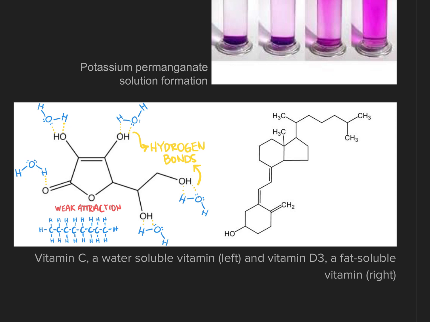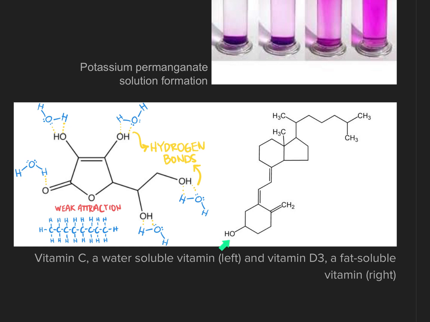Now, conversely, looking over at vitamin D3, which is on the right-hand side here listed as a fat-soluble vitamin, notice that this molecule as well is very similar to octane in that manner, that it's dominated primarily by very, very strong London dispersion forces. We've got a big molecule with lots and lots of electrons, leading to very, very strong instantaneous dipoles.